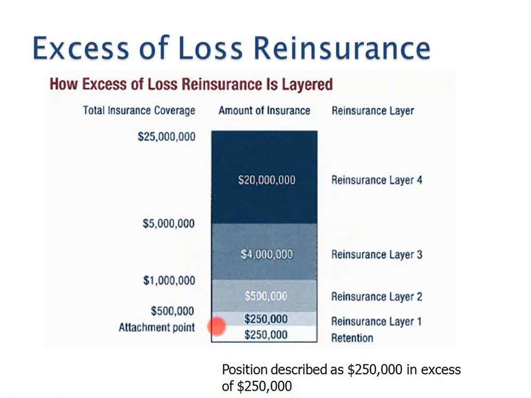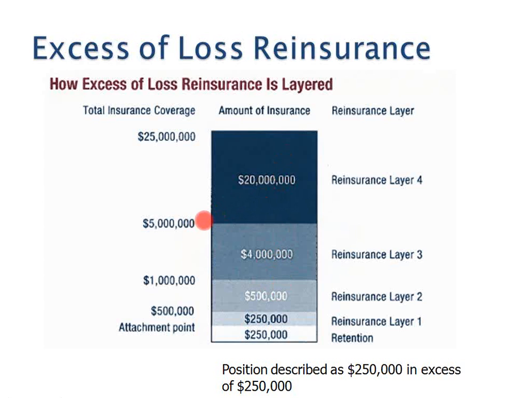This is kind of where the retrocession might come into play. Maybe one insurance company says they're going to do the reinsurance from $250,000 all the way to $25 million, so they may buy that whole thing. But then they might go to another reinsurer and say, hey, I want you to take this second layer, and you take this layer, and you do this one, and I'll take on this $5 million.